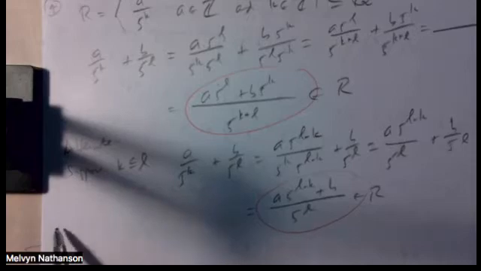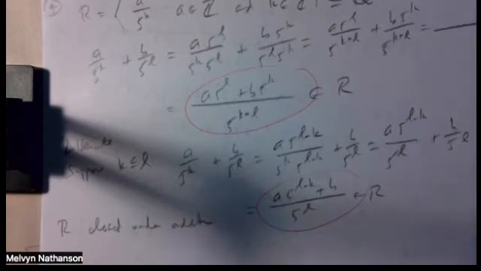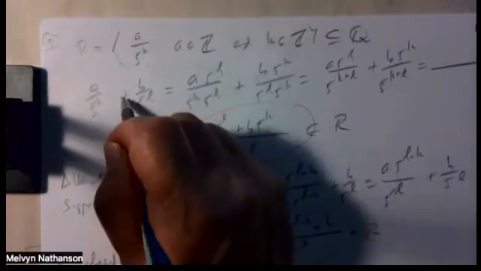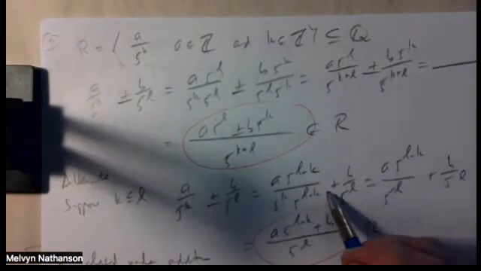So R is closed under addition. And if I were subtracting, everything would be basically the same, except you would have a minus sign in the middle. So R is closed under addition and subtraction.